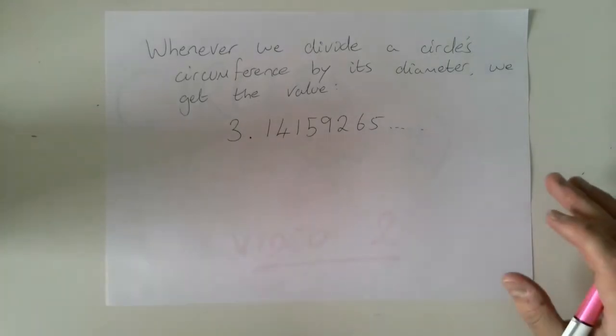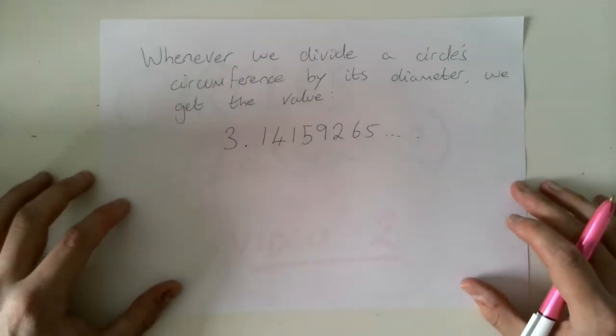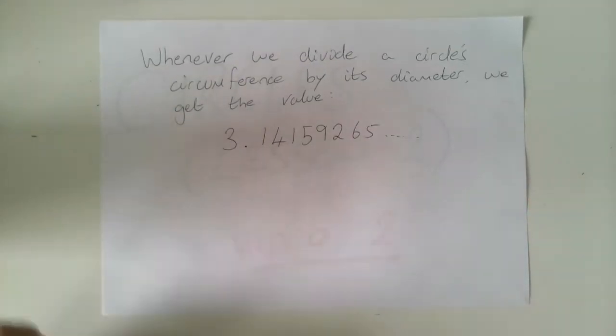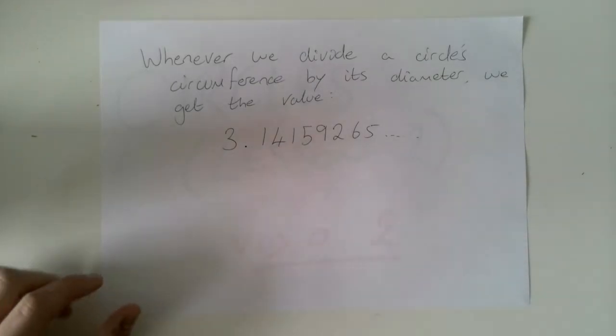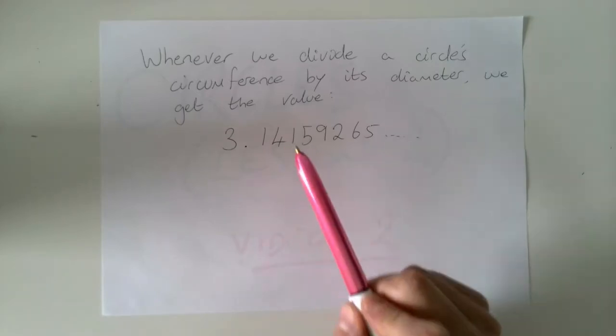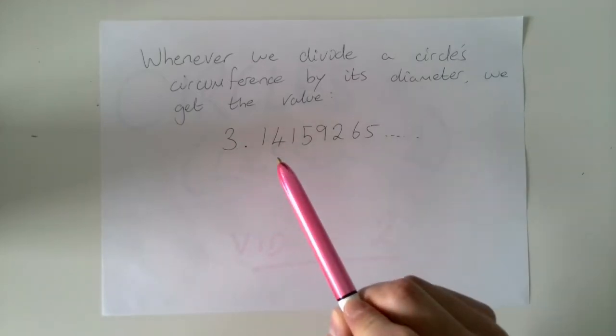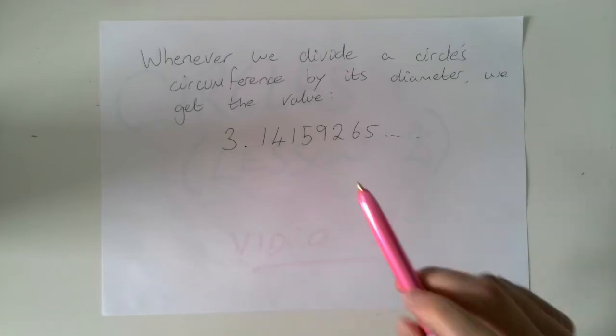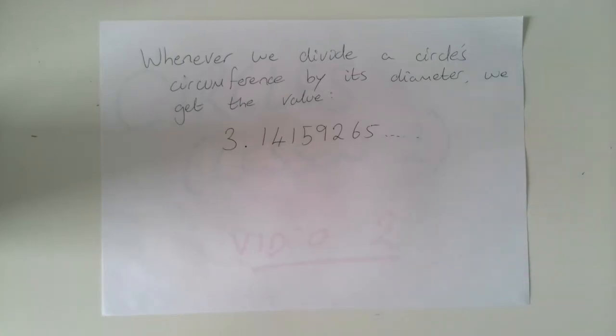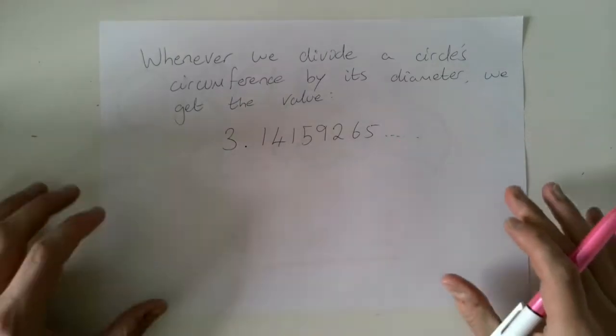But if we were able to measure circular items 100% accurately, then if we took the circumference and we divided it by the diameter, we will always, every single time, get the value 3.1415925, and so on. This number goes on for ages.